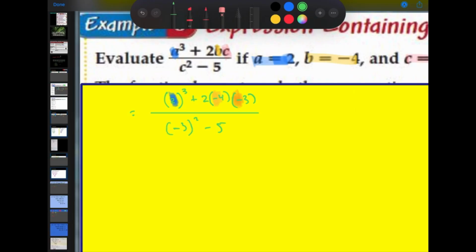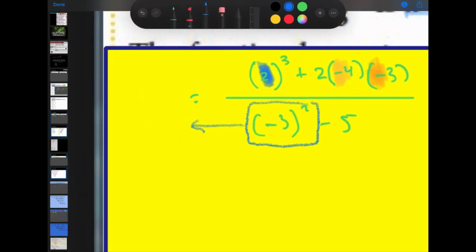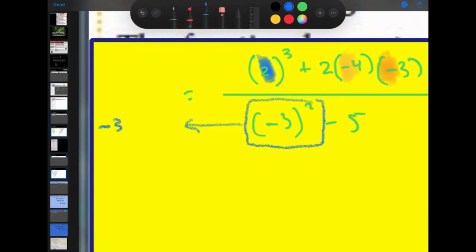In this problem, we should have the parentheses, and this tells you how many -3s do I have, class? You have 2 -3s.